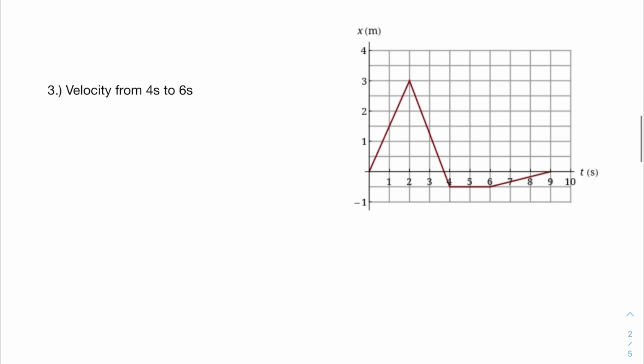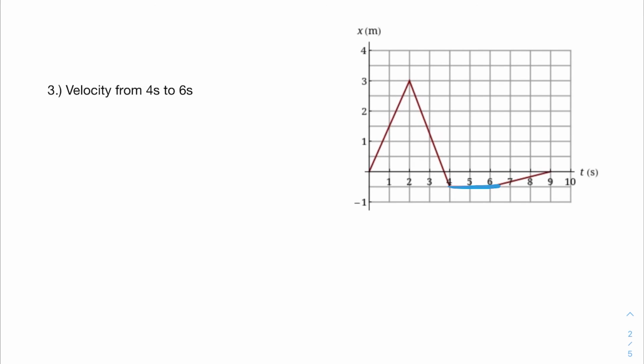For the third portion of the problem, it's between 4 to 6 seconds. Again, visually, you're safe to assume that the acceleration and velocity in these horizontally straight lines are going to be 0, because there's no decreasing or slowing down or any movement. It's just a flat horizontal line. However, I'm teaching you how to solve for velocity, so we're going to solve it.